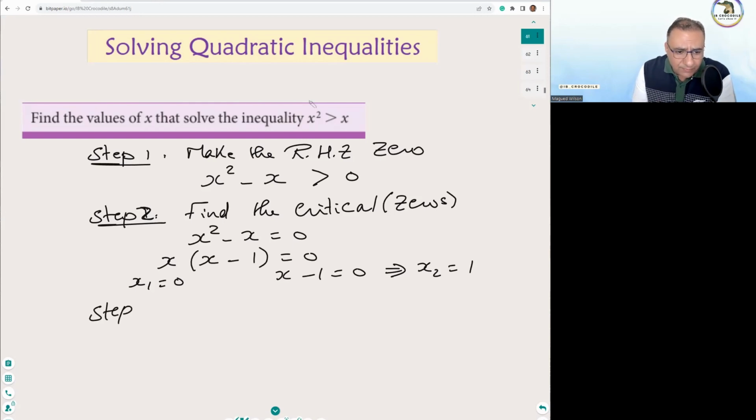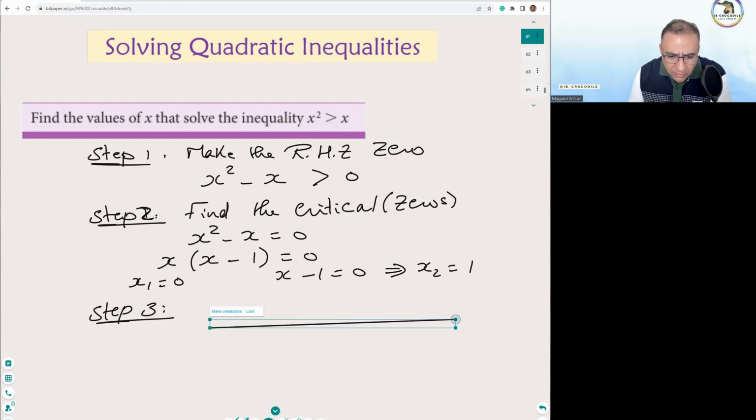Now, step 3, draw the number line. Let's draw the number line and place the zeros on the number line. This is the number line here, from minus infinity to positive infinity, right?